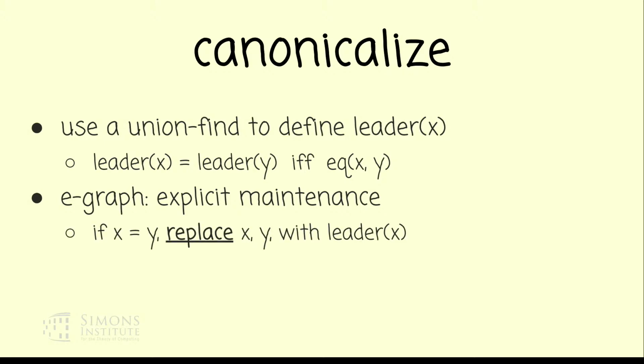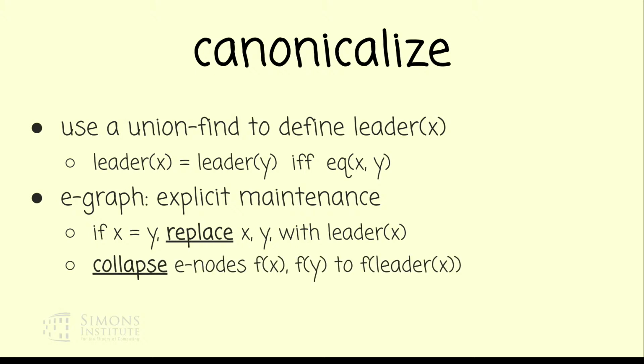Basically, whenever x is equal to y, whenever you observe this, pick one of them and replace all the instances of one with the other in your data structure, and then do any deduplication that might result from that. Like I said, you have to make sure you collapse things if they become syntactically identical.